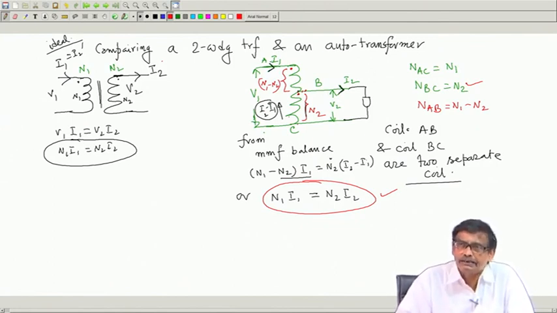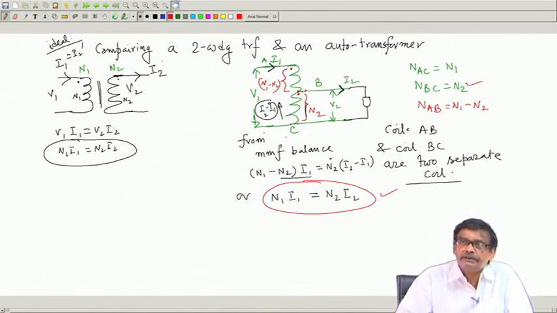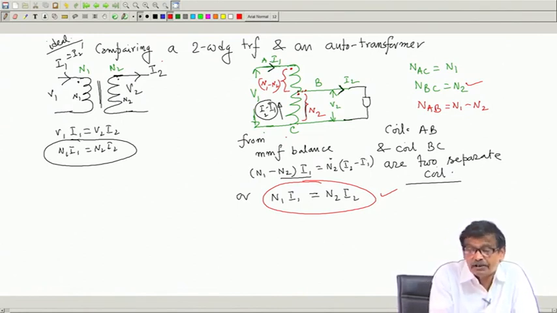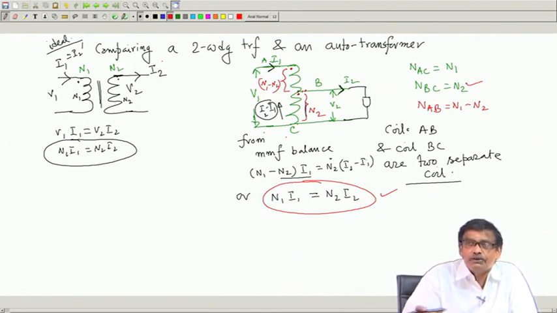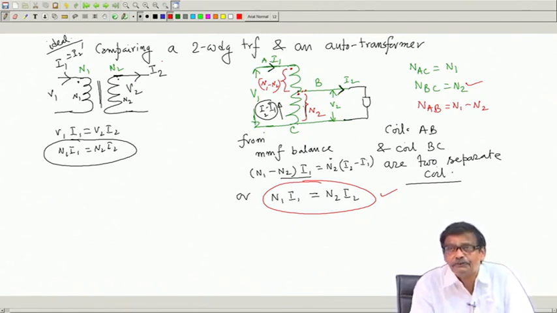Therefore, it looks like the sectional area of this portion of the coil, copper section, required will be less compared to the copper sectional area here, because more current I 2. Mind you, I 1, I 2 all will be in phase. Therefore, their difference will be real difference even when you take the phasor difference, because I 1, I 2 will be in phase. Therefore, the difference of current only flows.